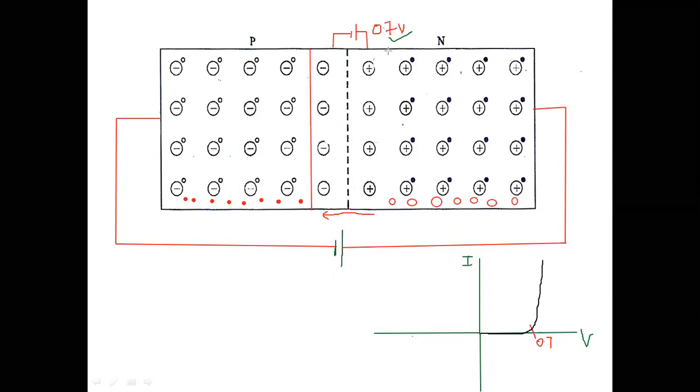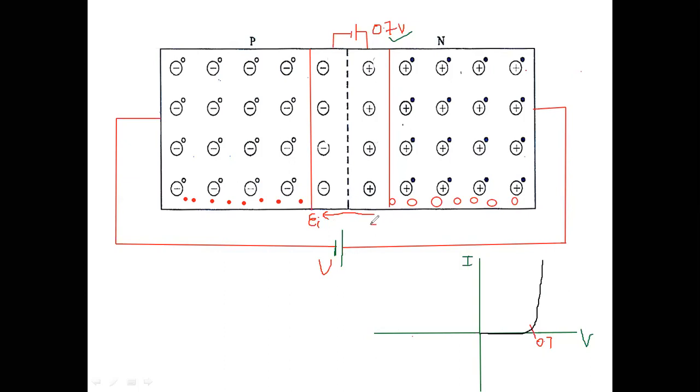Barrier width depends on electric field. Due to the barrier, some electric field is developed here. So this is the electric field that is internally set up by the process called diffusion, I call it EI. And I am applying reverse bias here.